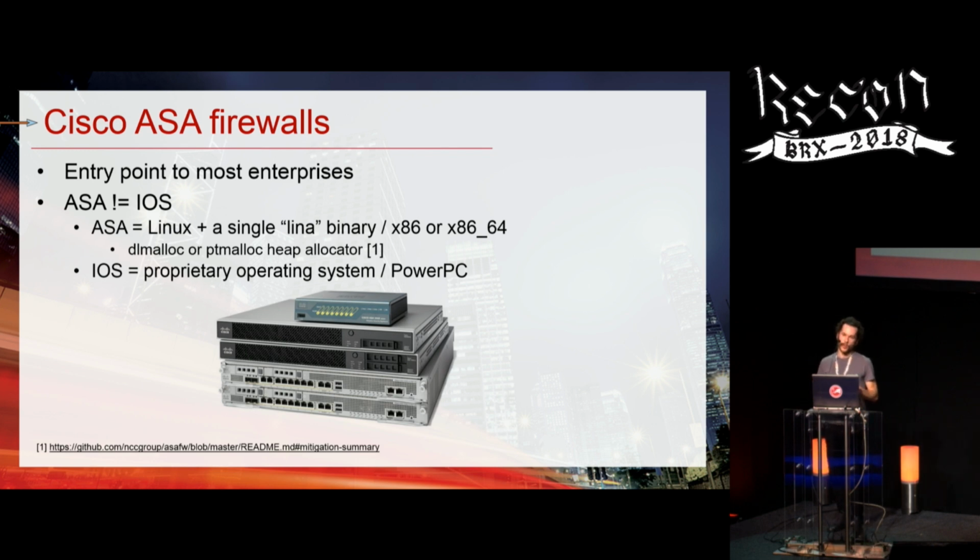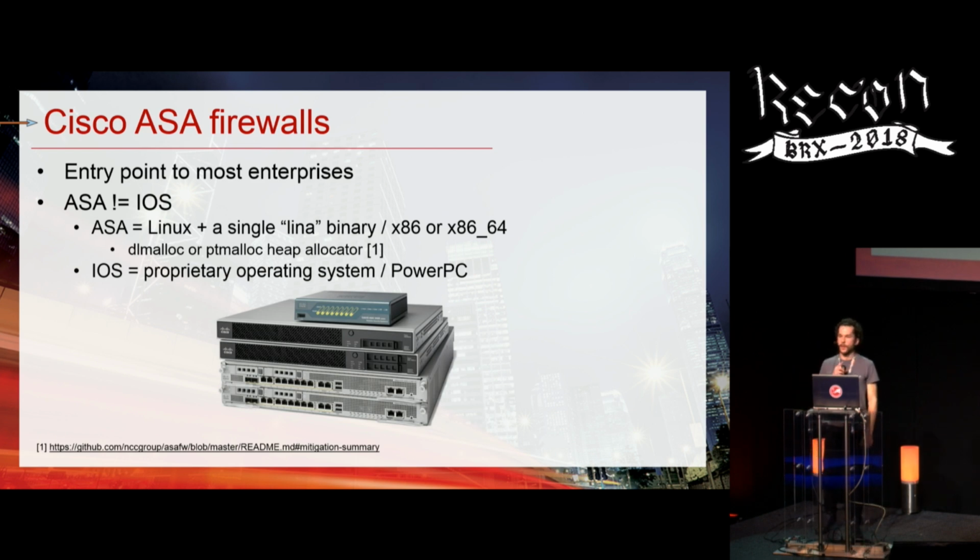It's important to differentiate ASA and iOS, even though they have the same kind of command line interface. They are different underneath. iOS is a proprietary operating system running on PowerPC. So in our case, we are only interested in Cisco ASA firewalls.